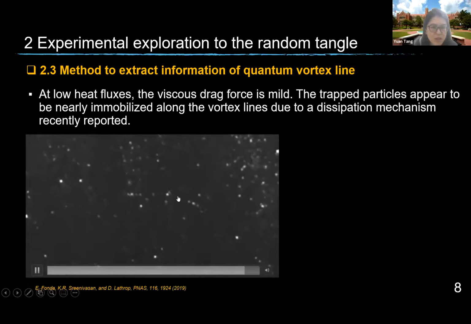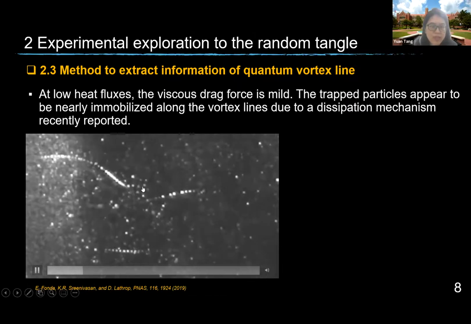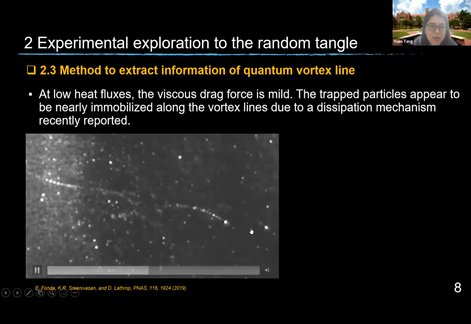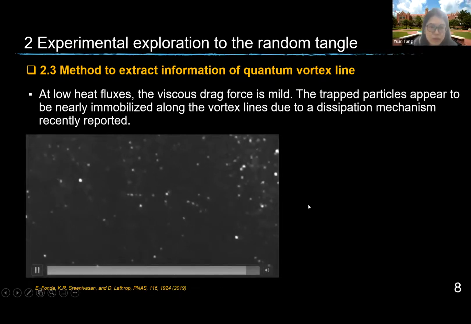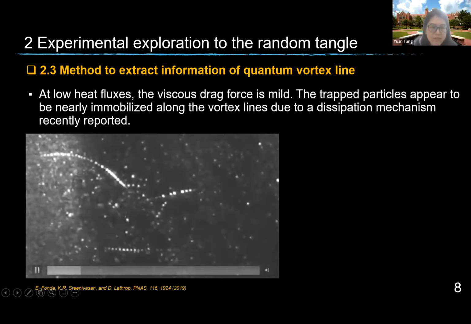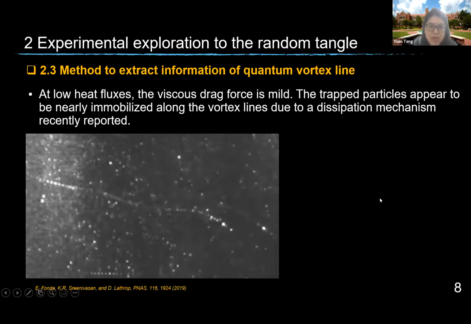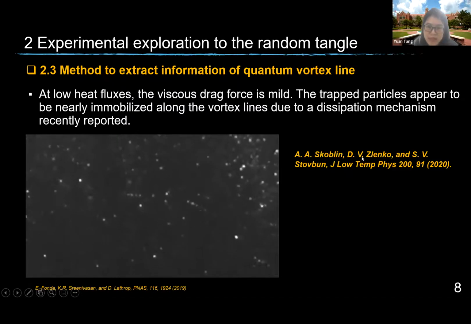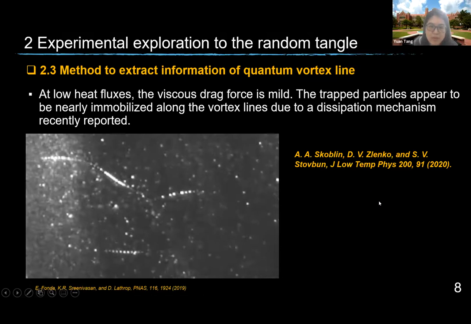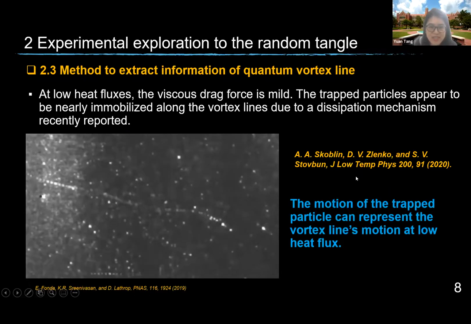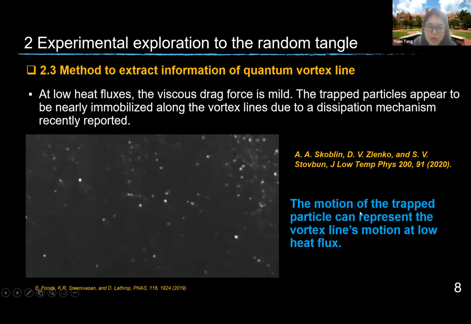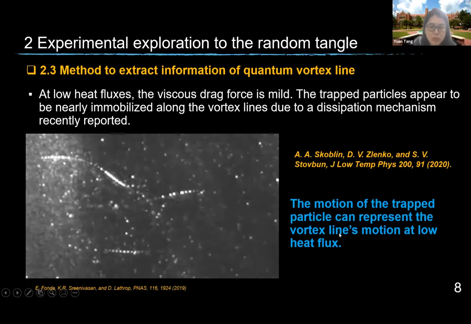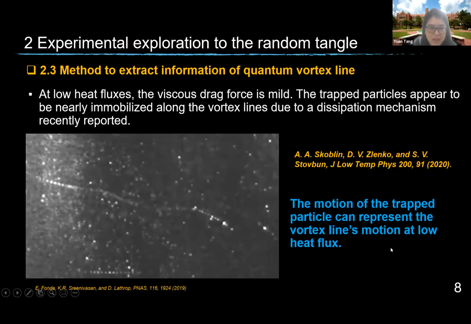It is found that the trapped particles appear to be nearly immobilized along the vortex line when the line does not move too fast. There is a physical mechanism behind this localization, which has been explained in this recent paper. Those observations suggest that the motion of the trapped particles can represent the true motion of the vortex line at low heat flux.